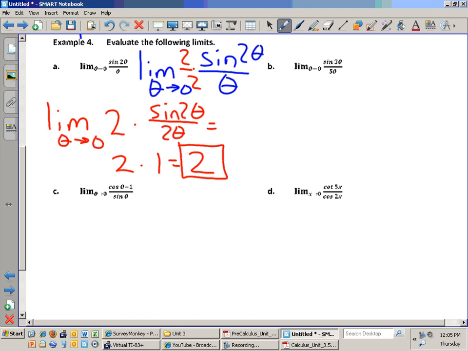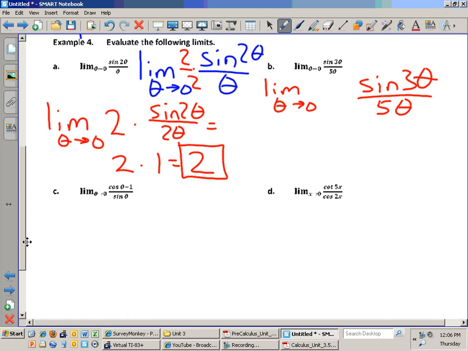So watch again. You'll get it even better the second time. Okay, Ashley is right. It's 3/5, but if you see this on a test, you have to show it appropriately. The limit as theta approaches 0 of the sine of 3 theta divided by 5 theta. Now, what number would I need in the denominator? I need a 3.